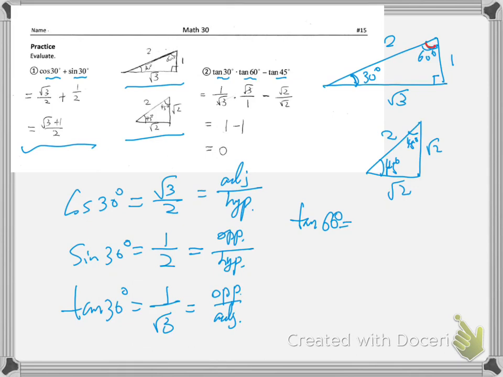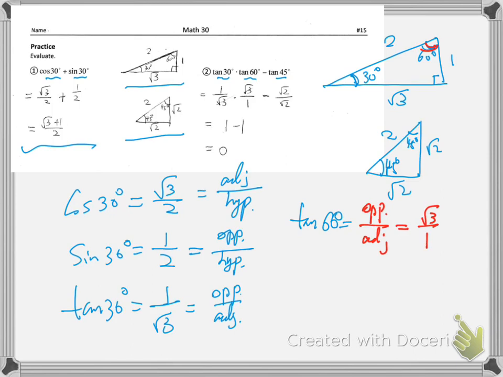So let me use the red one. What's the adjacent of 60? Adjacent of 60 is 1. Opposite of 60 is radical 3. So it's still opposite over adjacent, but now we are looking at the angle 60. So opposite is radical 3, adjacent is 1.